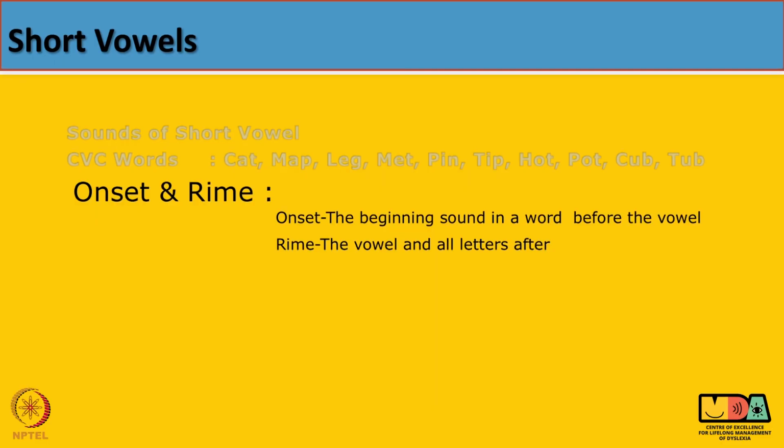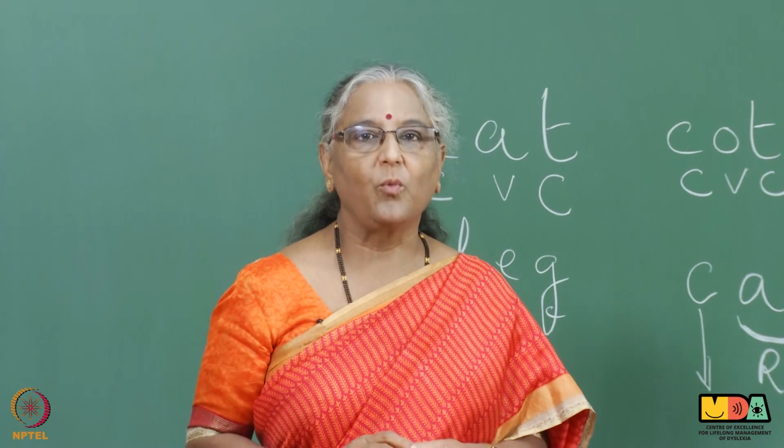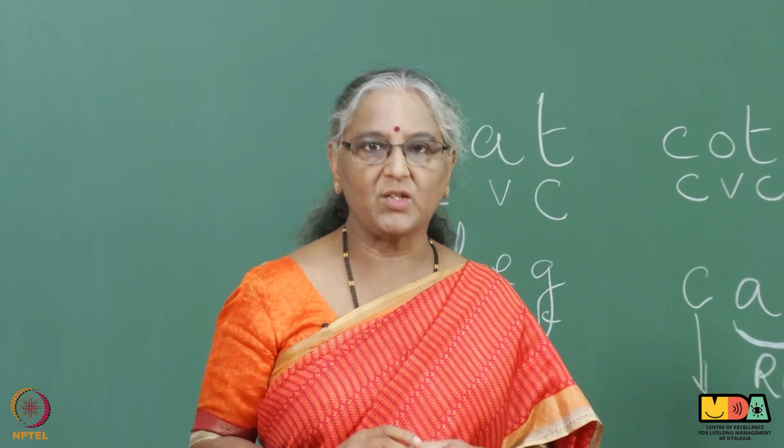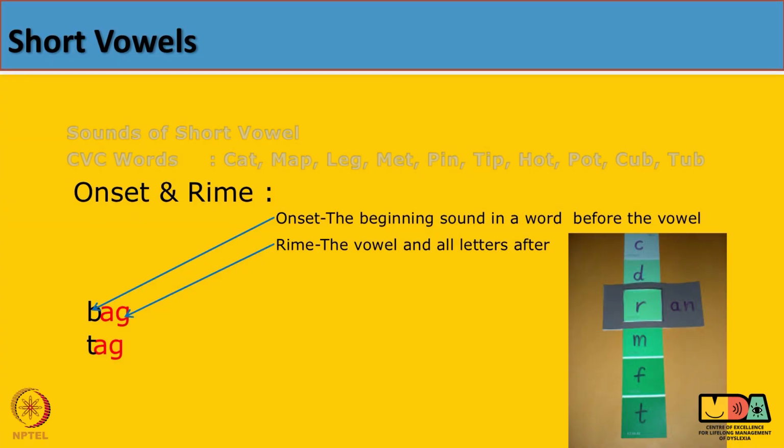So, for this onset and rhyme exercise, we have a game which we can use, as you can see in the slide. We have what we call a slider. The slider is a strip of paper with another strip of paper running horizontally, and the decoding unit will be written in the horizontal strip of paper, and we can slide it up and down the vertical strip which will have the onset or the consonant beginnings.